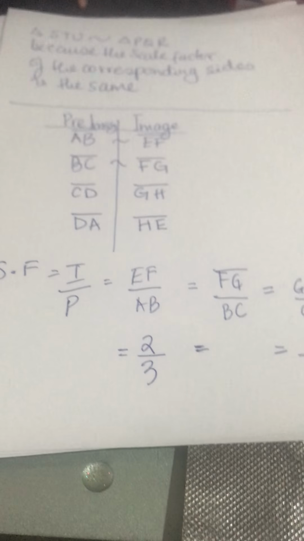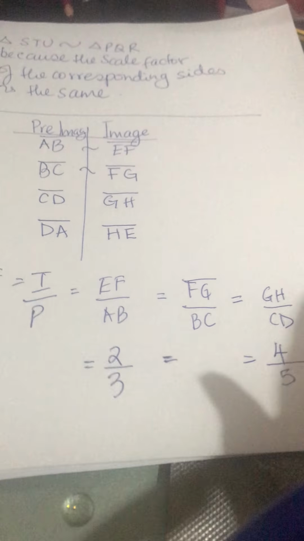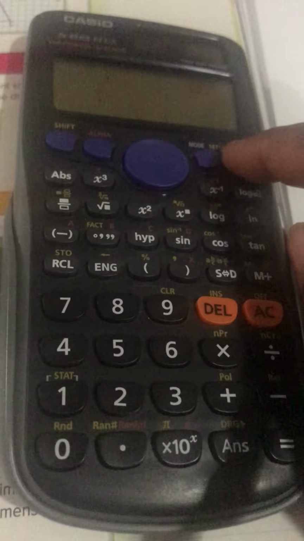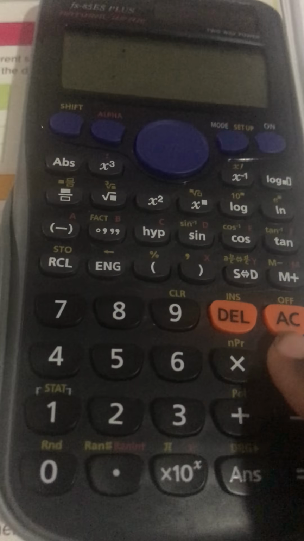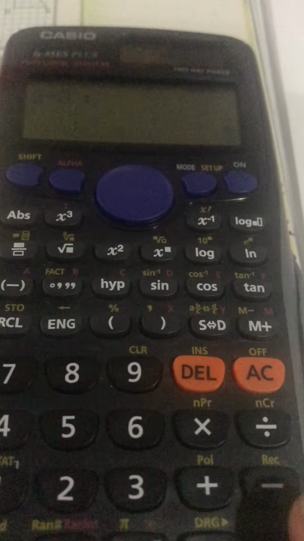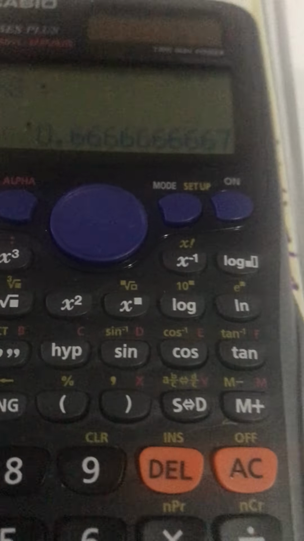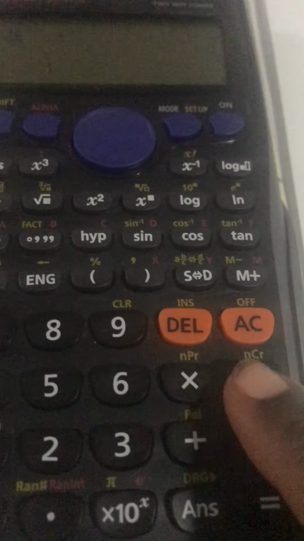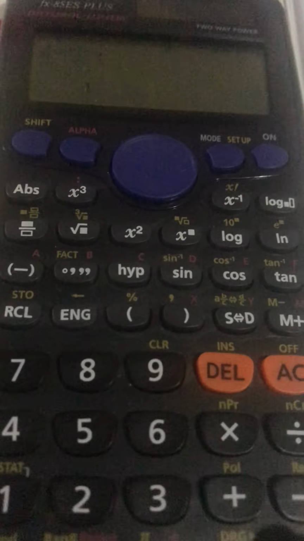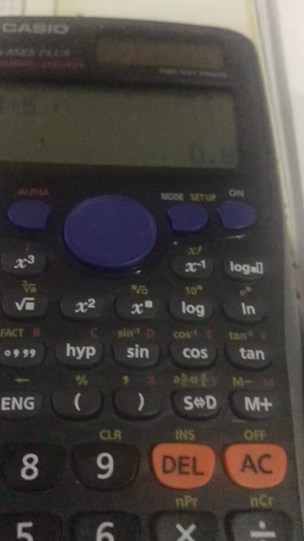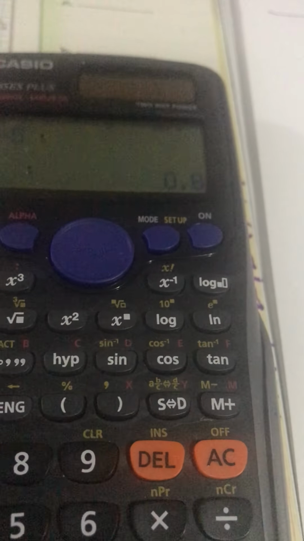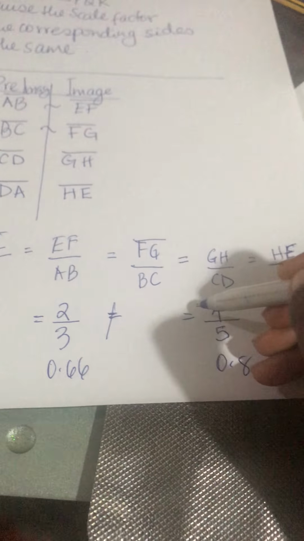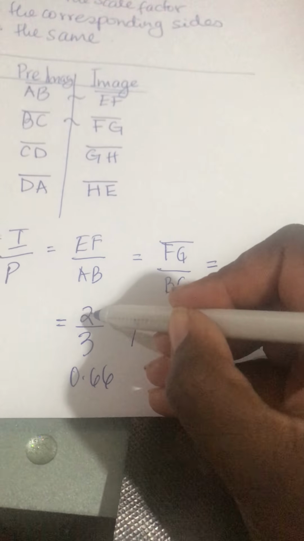DA, 1, 2, 3, 4, 5. All right. So we can change them to decimals to see if we have the same number. 2 divide 3, 0.666. 4 divide 5, that should be 0.8. And this should be 0.8. So they are not the same, so I will cross out my equal sign.